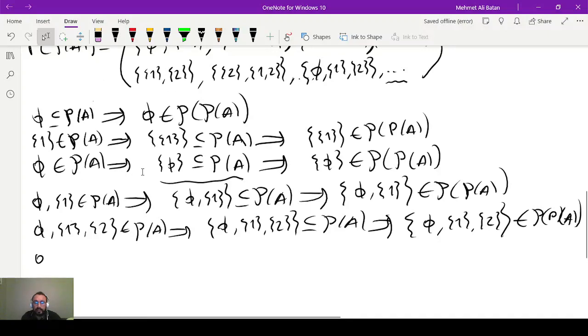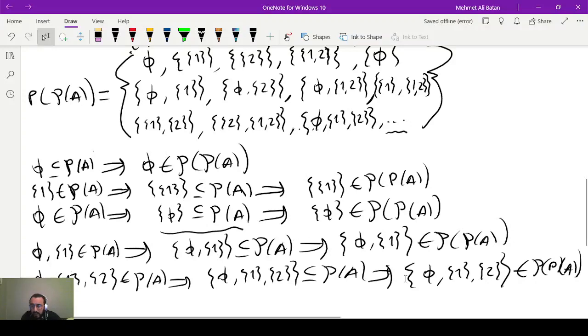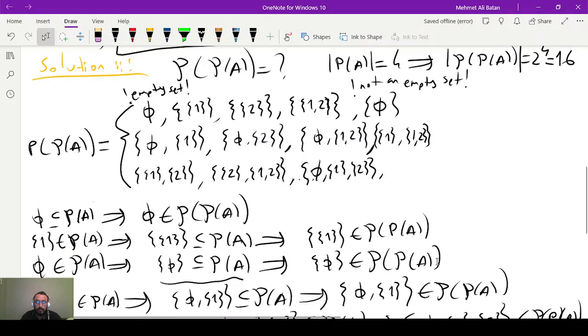It is enough for you to just think about the solution of the question. I will write down every element of the power set of A. Only understand how I found them. So far I have 1, 2, 3, 4, 5, 6, 7, 8, 9, 10, 11, 12.